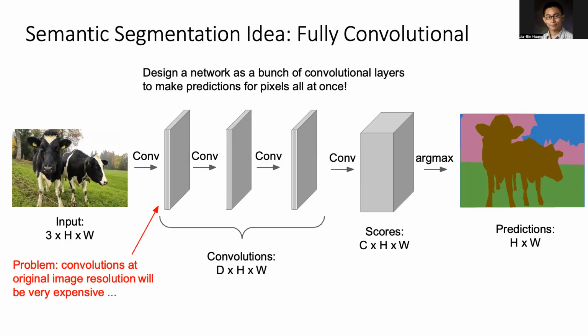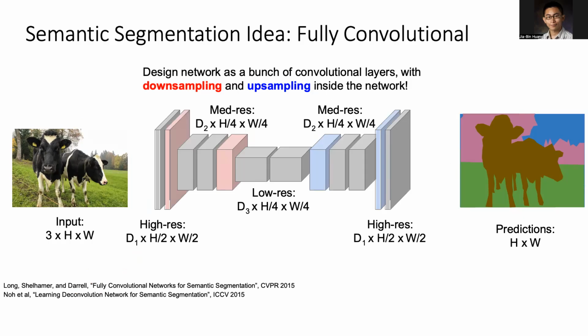So in addition to downsampling, you also add upsampling operations. When you do the downsampling, you reduce the size. So now, any filter that's just 3 by 3 in the downsampled version is effectively much larger in the original input.